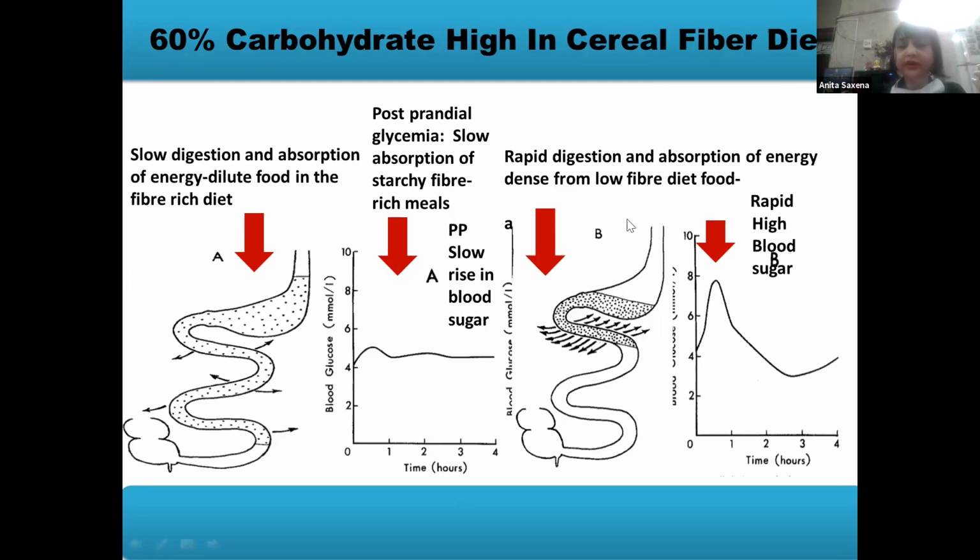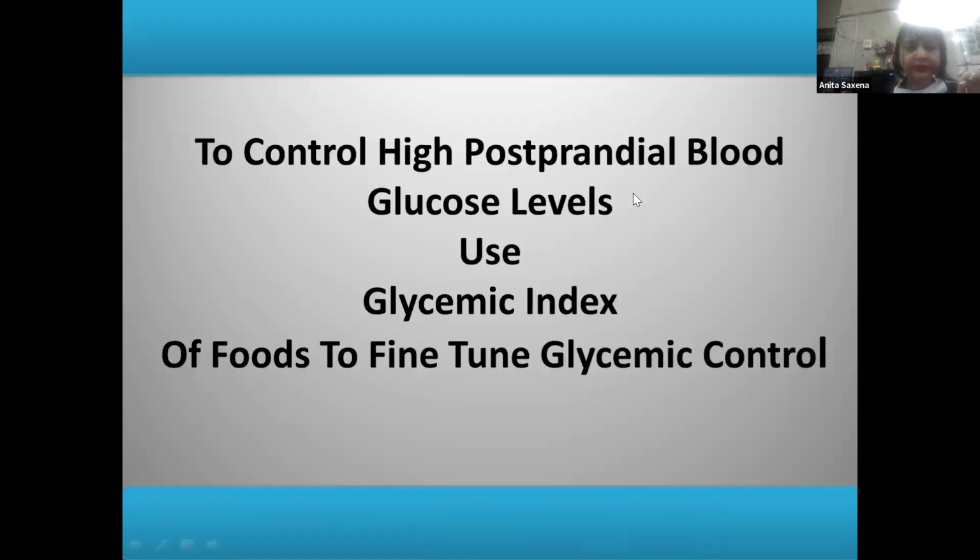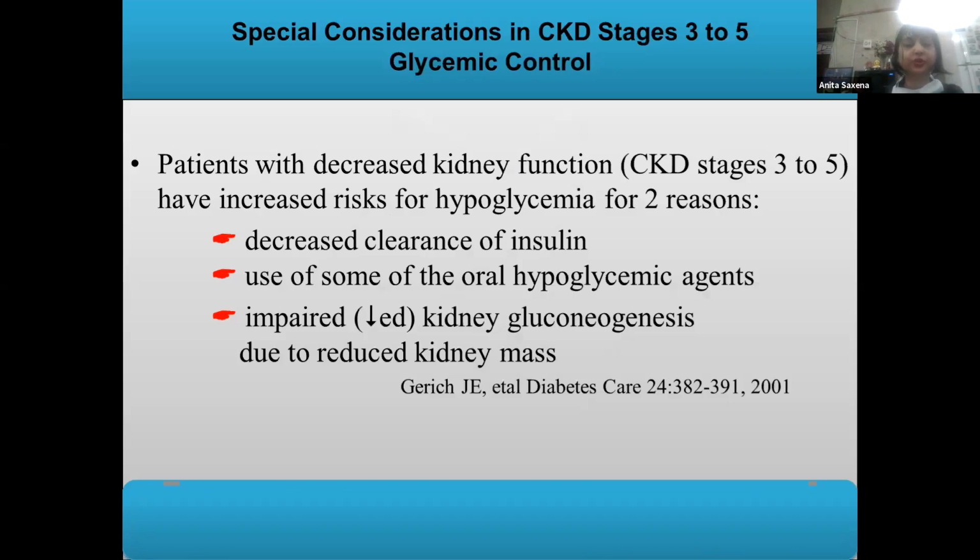And here, however, you can see that rapid digestion and absorption of energy dense, low fiber diet food causes rapid high blood glucose. This figure is showing you that there is a significant correlation between HbA1c and carbohydrate intake per day. So to control high postprandial blood glucose levels, use glycemic index of foods to fine-tune glycemic control.